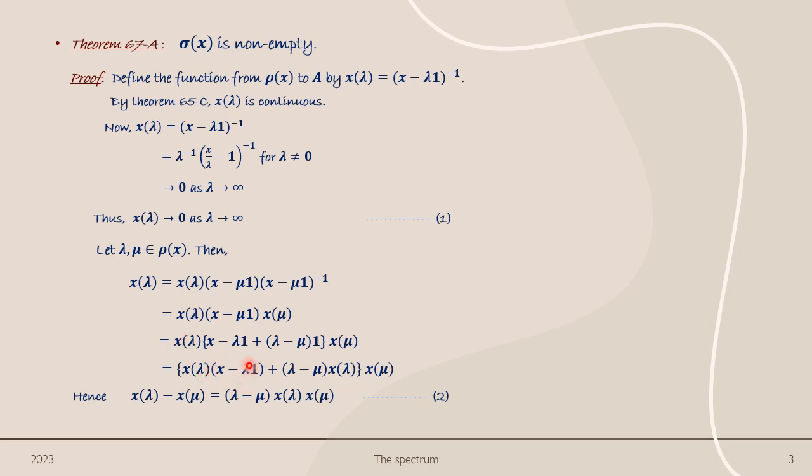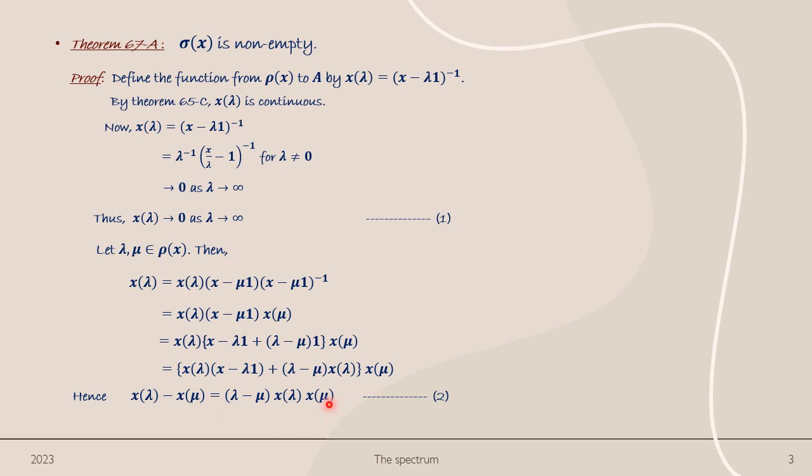So X of lambda into (x minus mu 1) is written as x minus lambda 1 plus (lambda minus mu) of 1. Both are the same, because minus lambda 1 gets cancelled with plus lambda 1 to leave x minus mu 1. We can bring X of lambda inside: X of lambda into (x minus lambda 1) plus (lambda minus mu) scalar into X of lambda into X of mu.